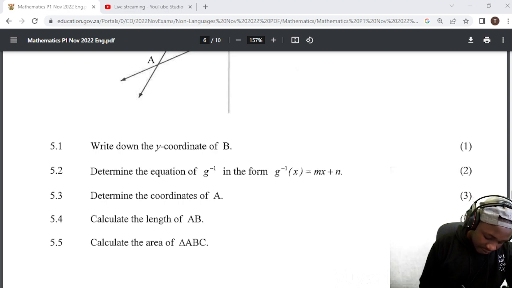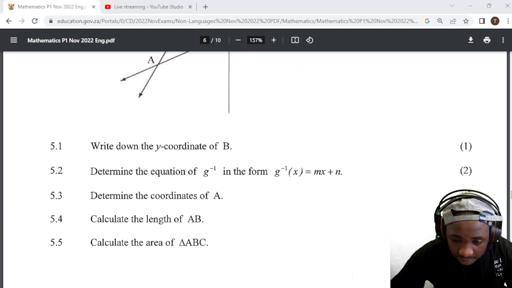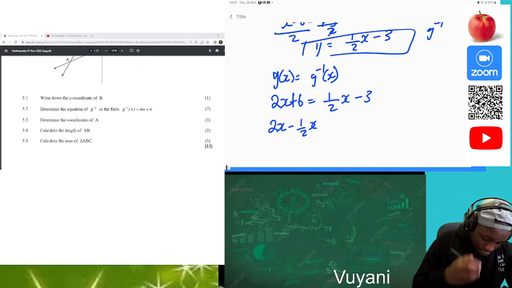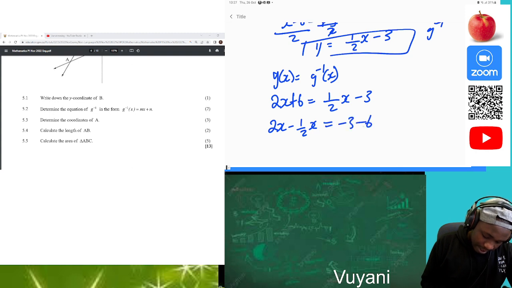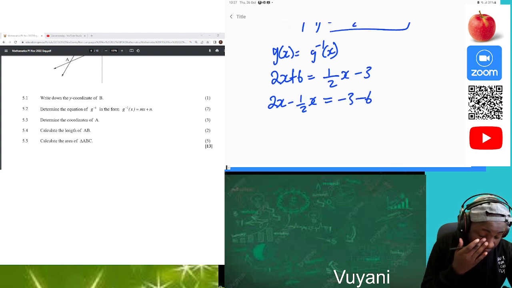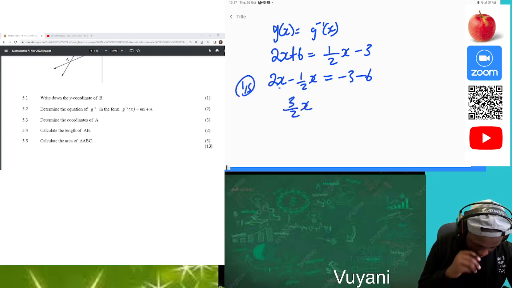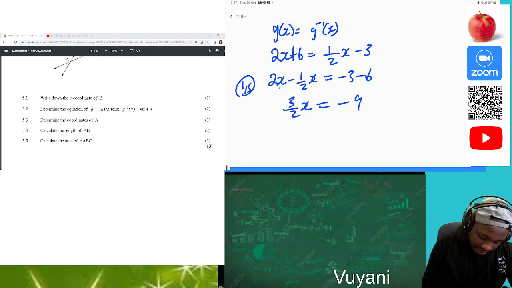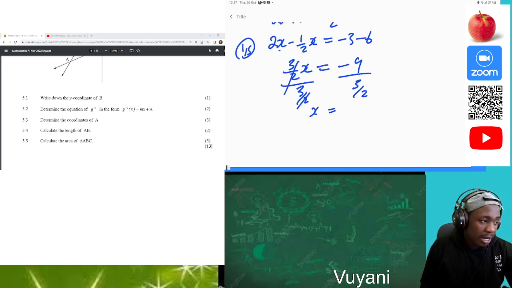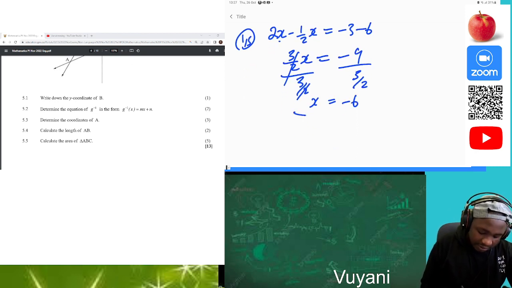Then we can solve by saying 2x minus 1 over 2 x, because now we have transposed that, should be equal to negative 3 minus 6. Then 2x minus 1 over 2 x, which is 3 over 2 x, because that's 1.5, equal to negative 9 divided by 3 over 2. Then we can get the x value to be negative 6.